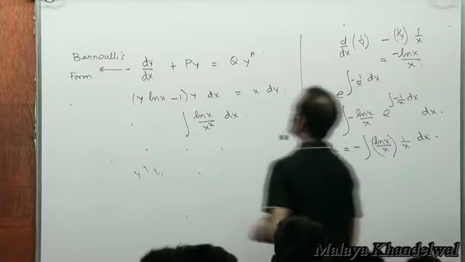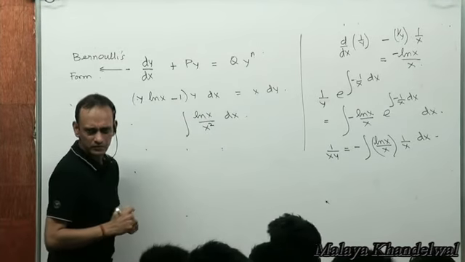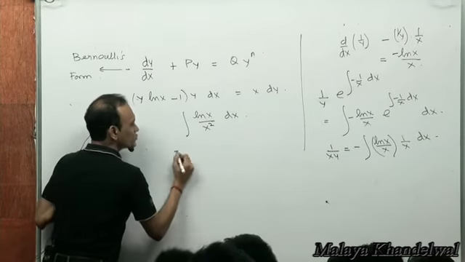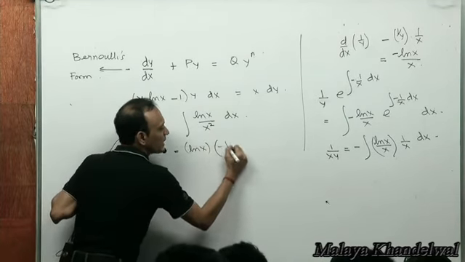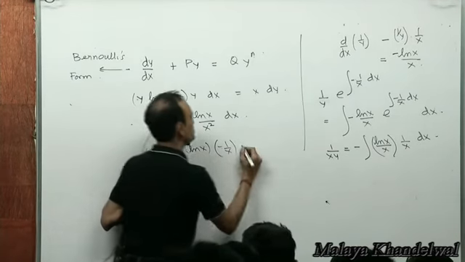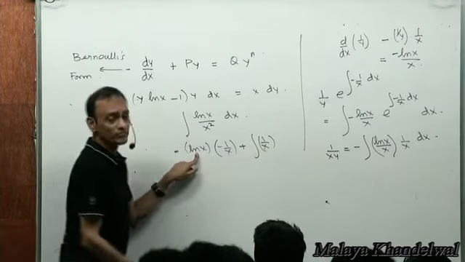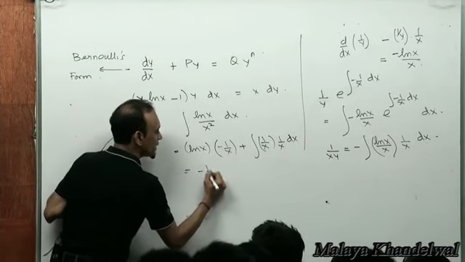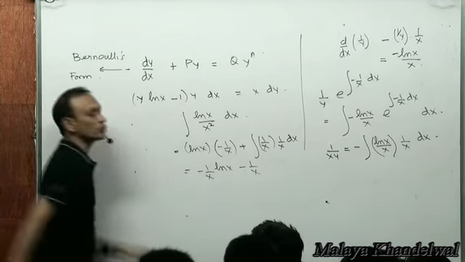All right. So obviously you want to differentiate log x and integrate 1 by x squared. It shouldn't be a problem, because this would be log x into integral 1 by x squared, which is minus 1 by x, plus 1 by x, and derivative of log x is 1 by x dx. So minus 1 by x log x minus 1 by x is what you'll get.